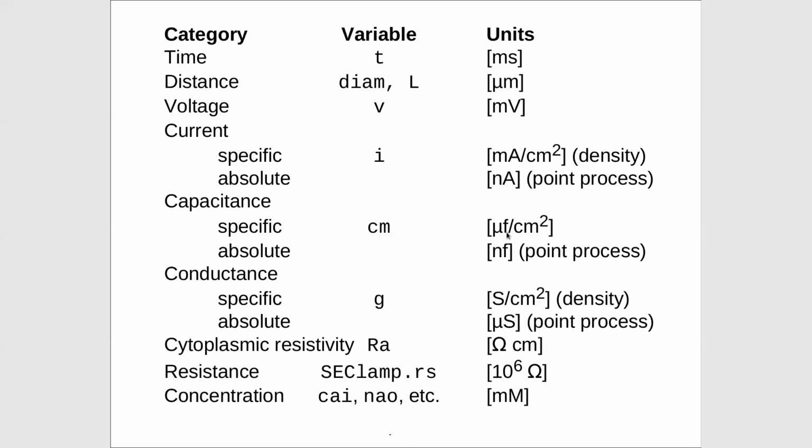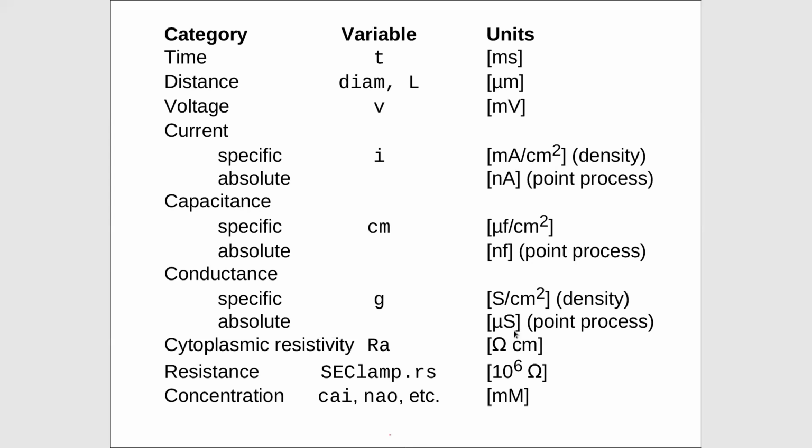Specific membrane capacitance is either specific or absolute. Specific if it's typical membrane capacitance. Absolute is if you had some particular very localized capacitance, say like an electrode that had capacitance. This would be the capacitance of an electrode would be in nanofarads. Okay, conductances are in units of Siemens per square centimeter if they're for distributed mechanisms, and microsiemens if it's a point process like a synapse.